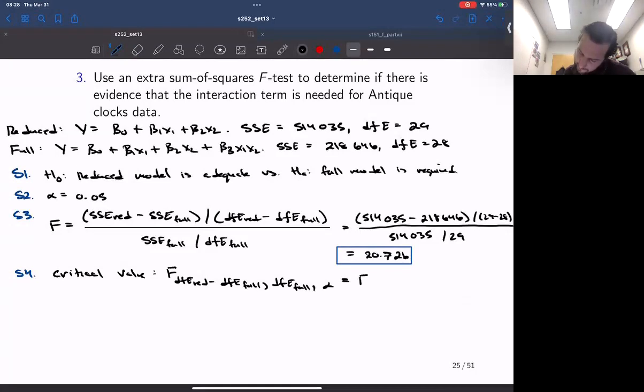So this is going to be an F value on 1, 28, and 0.05. For completeness' sake, this is 29 minus 28, 28, 0.05.